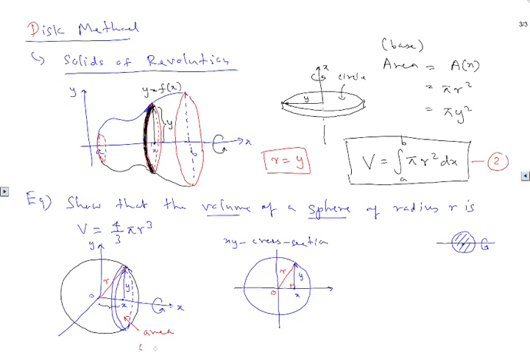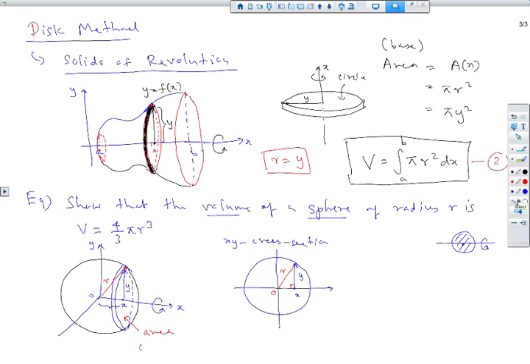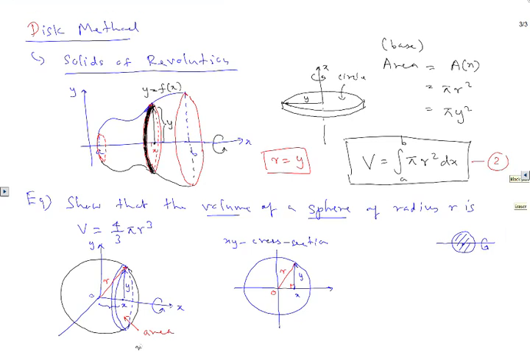Radius equals the y coordinate. So the area is A(x), and we say A(x) because x is the changing one. It's going to go from 0 to r.